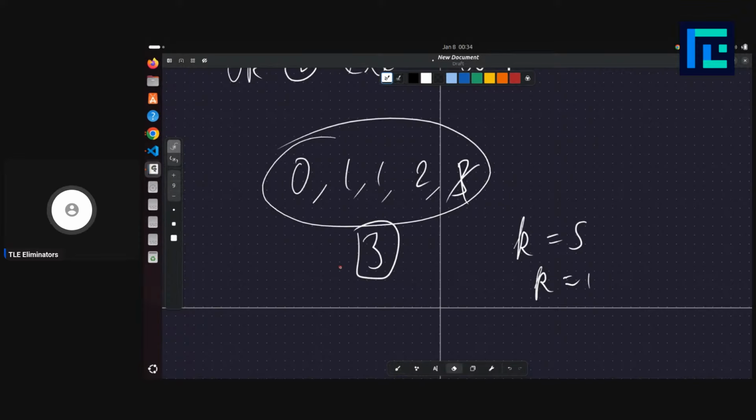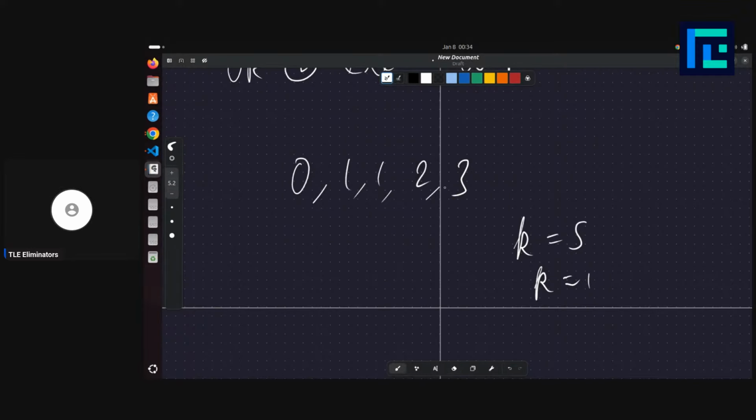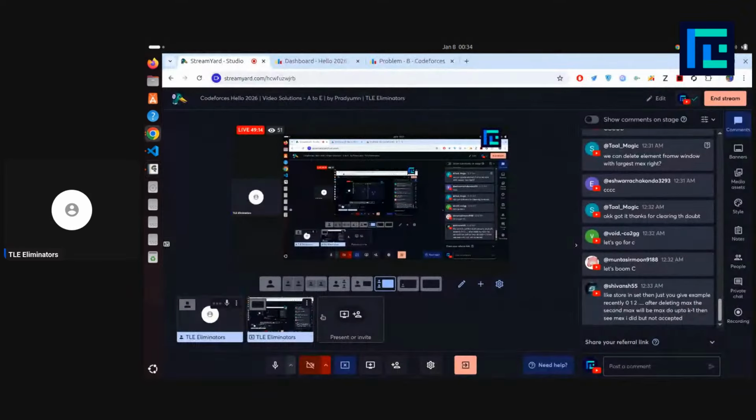But what you could have done is you would have deleted the 1, so in that case you would get max 4. So first you have to delete duplicates and then you have to delete.